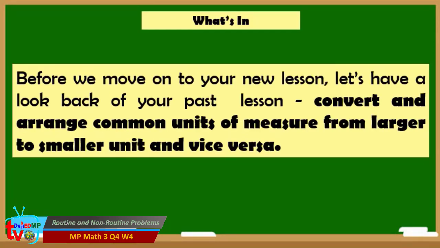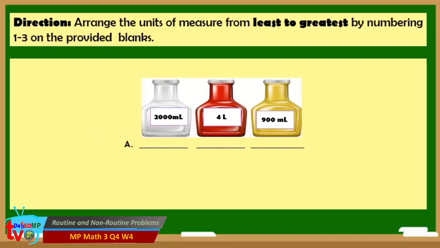Before we move on to your new lesson, let's have a look back at your past lesson. Convert and arrange common units of measure from larger to smaller unit and vice versa. Arrange the units of measure from least to greatest by numbering 1 to 3 on the provided blanks. Letter A, we have 2,000 milliliters, 4 liters, and 900 milliliters.